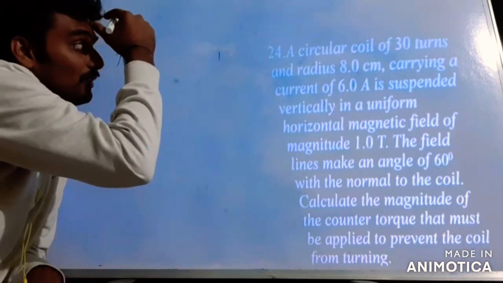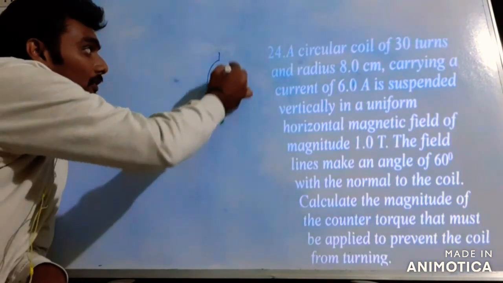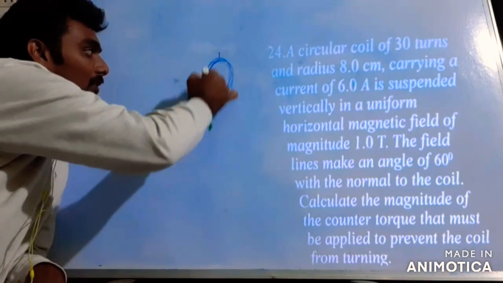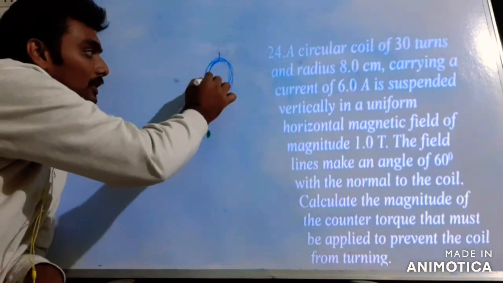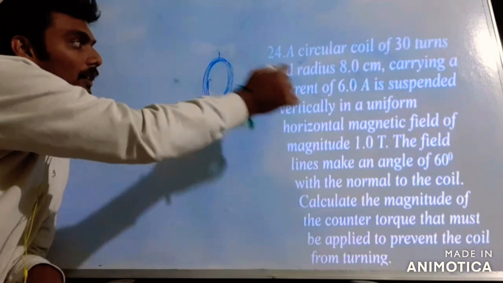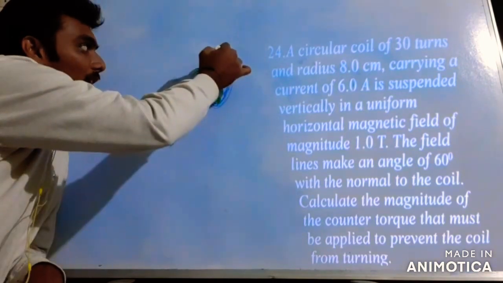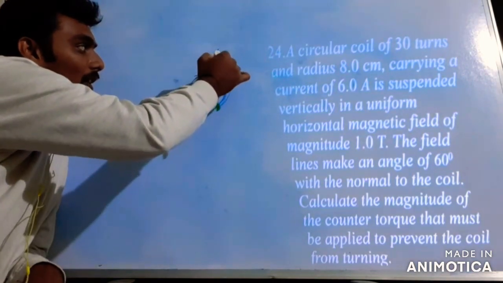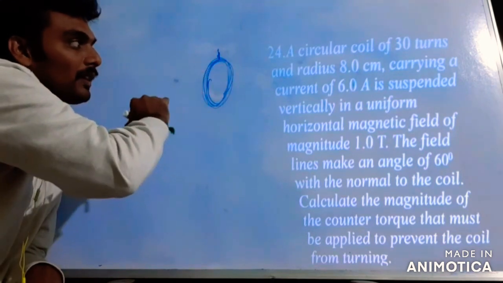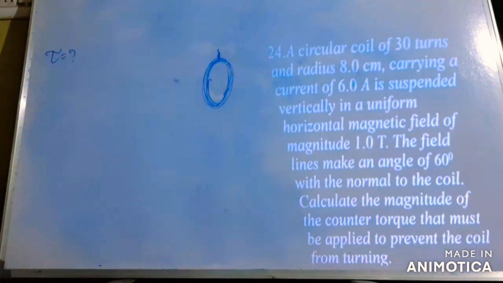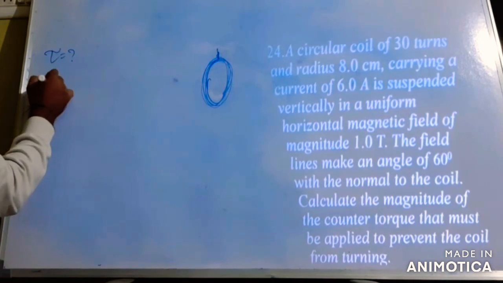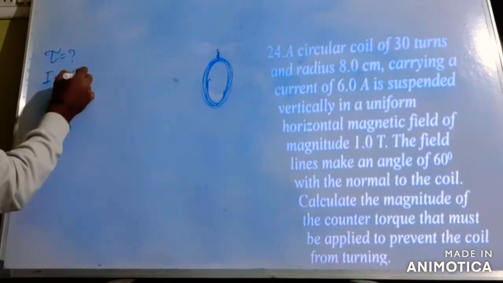The coil is of 30 turns, so this is how we can imagine it. It is suspended vertically with a support, somewhat like this, and the current of 6 ampere is flowing. I is equal to 6 ampere.